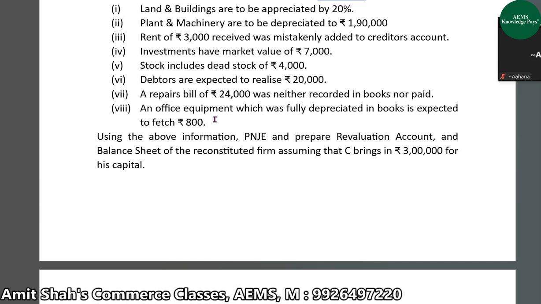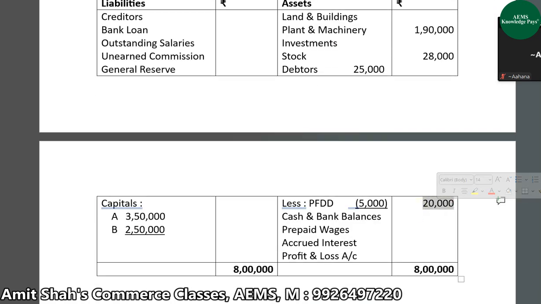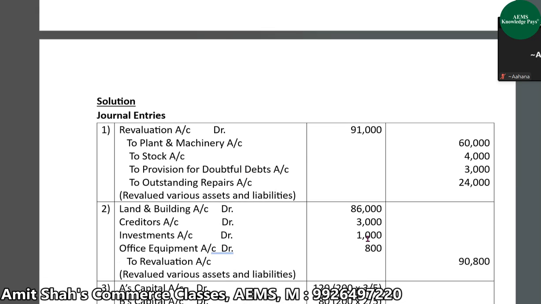The question said that the expected value that we would be realizing from our customers from debtors is 20,000. And now we are reflecting debtors with 20,000 in our balance sheet, right? So I have so far incorporated these 3 points in our balance sheet.